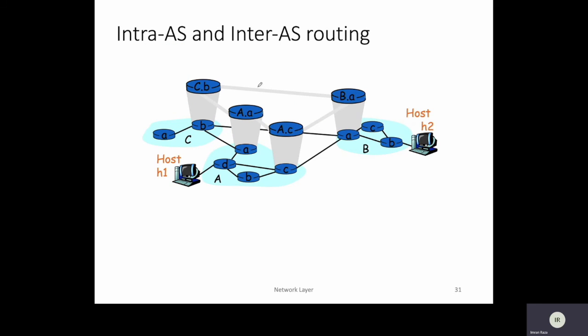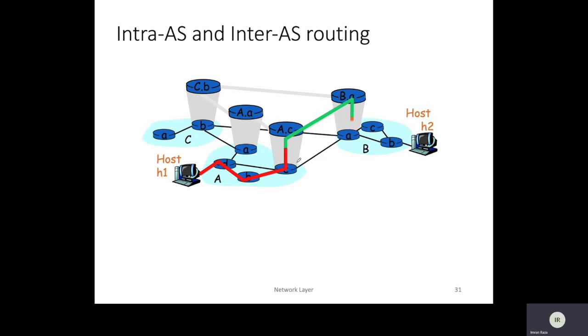Right. So we can see if host H1 in autonomous system A wants to communicate with host H2 in autonomous system B, what happens? First, we'll have routing within this autonomous system, right? And then we will have routing between different autonomous systems, which is inter-autonomous system routing.